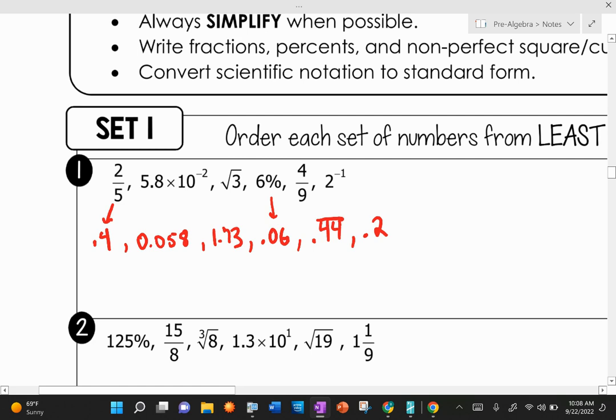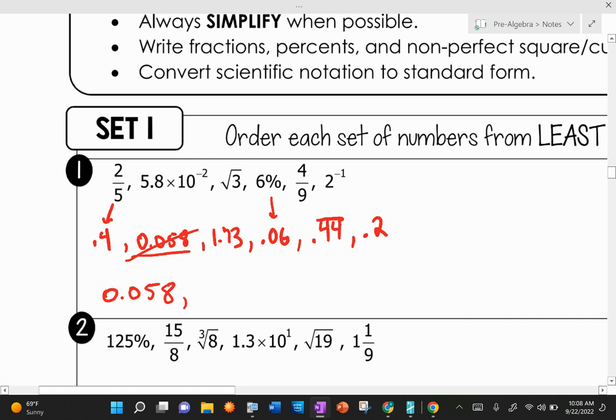This is not the answer yet. Now what do you have to do? You have to put them in order from least to greatest. So what's the smallest number here? 0.058. As I mark these in order, I'm going to cross them off so I don't reuse them.